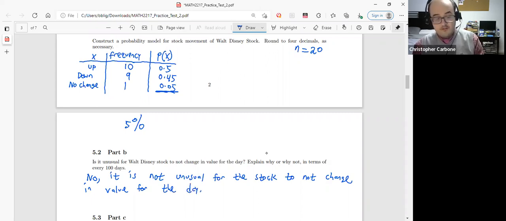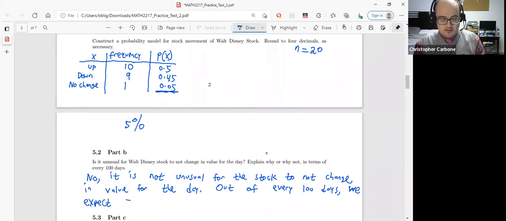And then out of every 100 days, we expect five, since 5% of 100 is 5. We expect 5 of the days to have no change in the stock market price. So 5 days of no change.